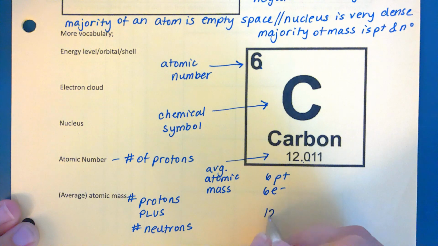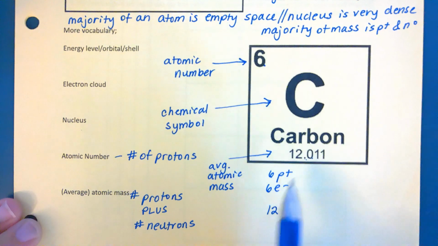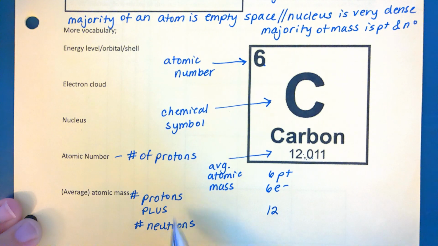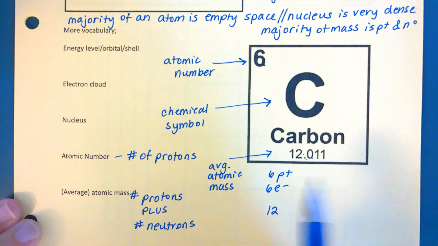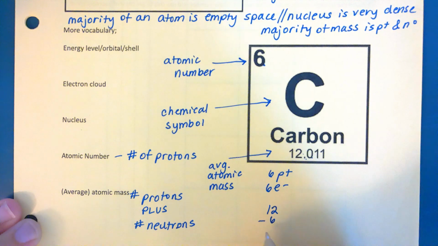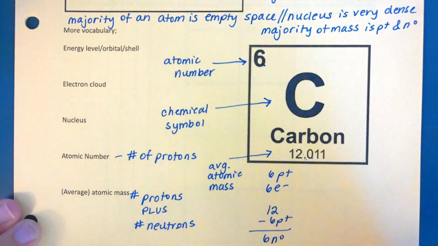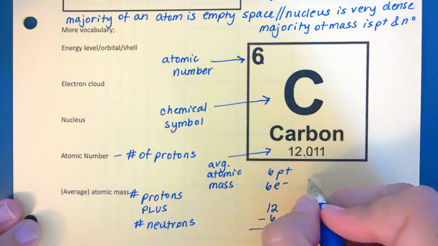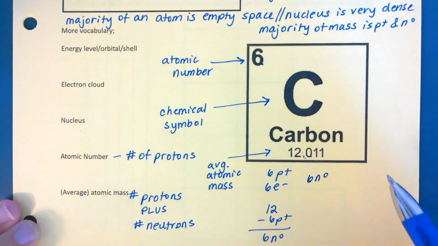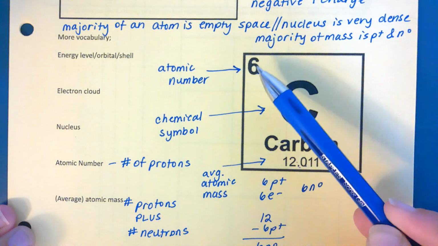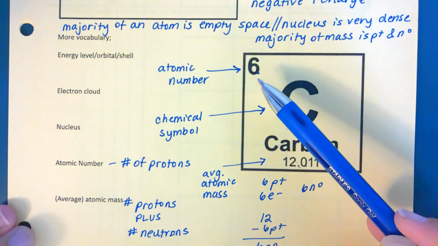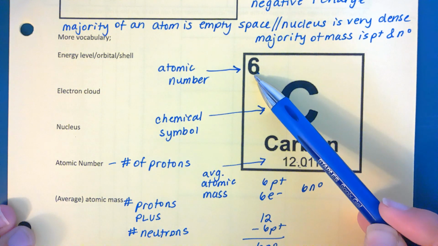So if we have 12, and I know that this number is a combination of protons plus neutrons, and from this number up here I already know the number of protons, I can subtract the number of protons, and I get 6, and that's going to tell me the number of neutrons in the carbon atom. So carbon has 6 protons, I know from this number up here. Because I know my atoms are going to be electrically neutral, I also know carbon has 6 electrons.